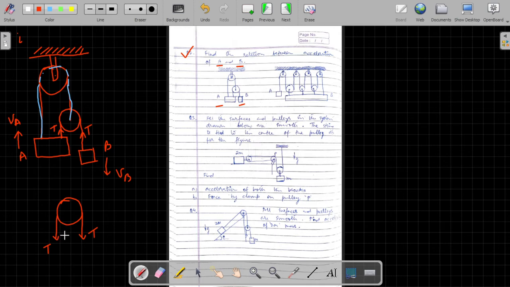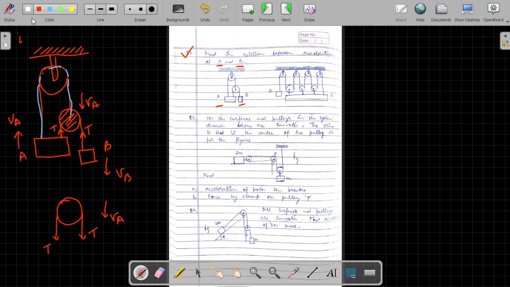Which pulley is actually moving here? If I were to ask which pulley is moving here, pulley number 2 is moving. Pulley number 2 is moving downwards with the velocity VA, and the center of the pulley is moving downwards with velocity VA. Since block A is moving up with the velocity VA, this pulley would be moving down with the velocity VA.